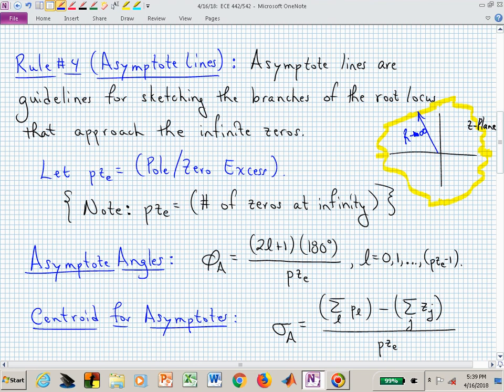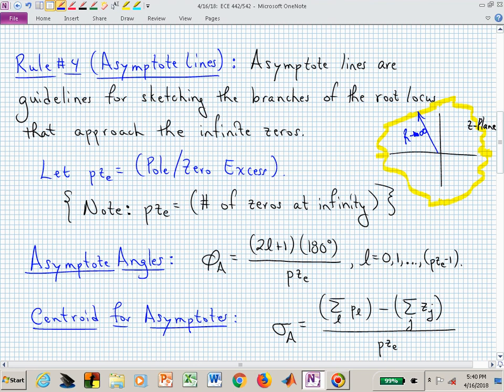These are just the pole locations. And do you see that if you had complex conjugate poles, the imaginary or the complex part would cancel? So really you just have to worry about the real parts of those poles or real parts of those zeros. You're summing the pole locations minus the sum of the zero locations, all divided by the pole zero excess.